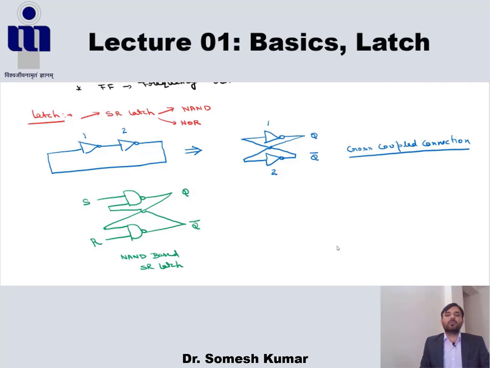So what is the truth table? Can you tell me what a truth table is? A truth table is basically the combination of inputs and outputs, the representation of outputs with respect to inputs.